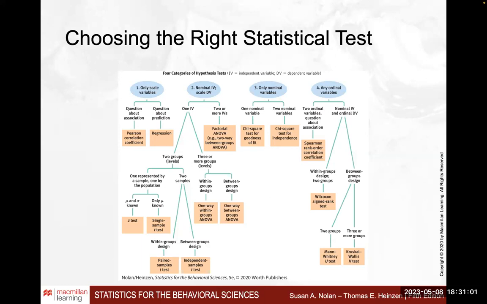If you have only ordinal variables, or alternatively non-normally distributed variables, with two ordinal variables where you're interested in association, you use a Spearman rank order correlation coefficient, the Spearman rank test. In two sentences, what it does: we have the Pearson correlation coefficient, the standard correlation.